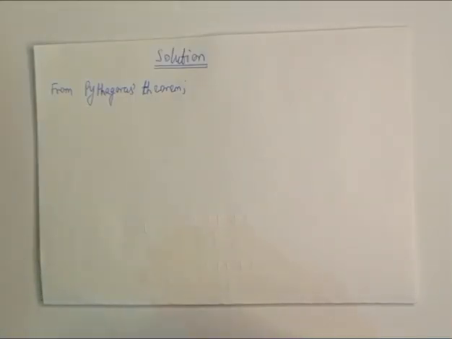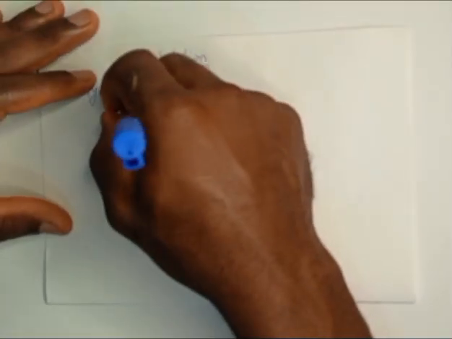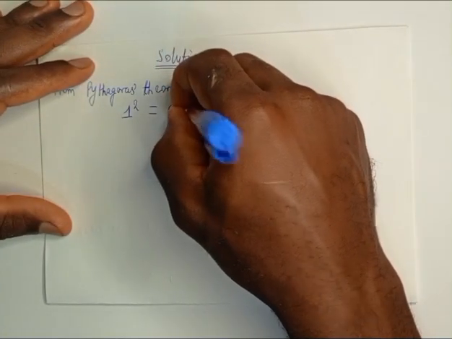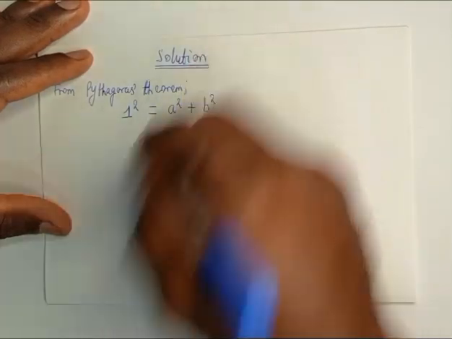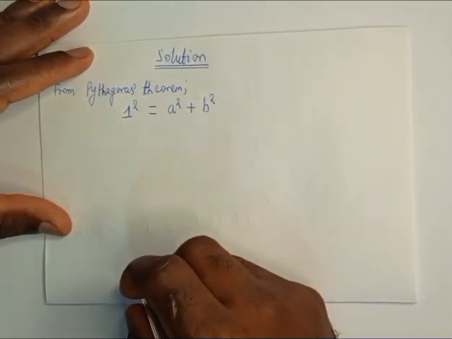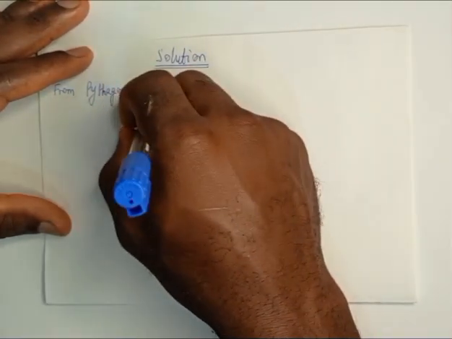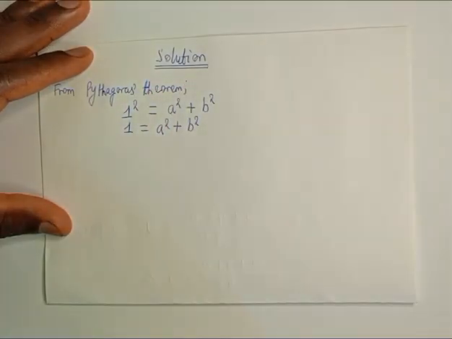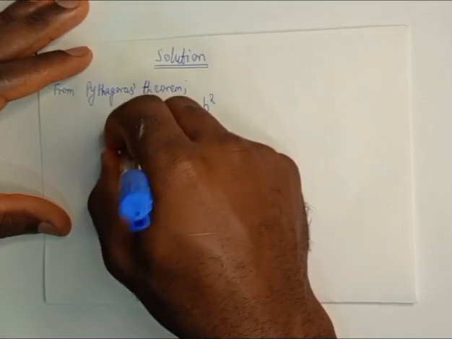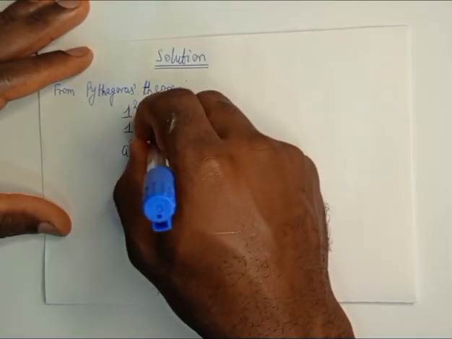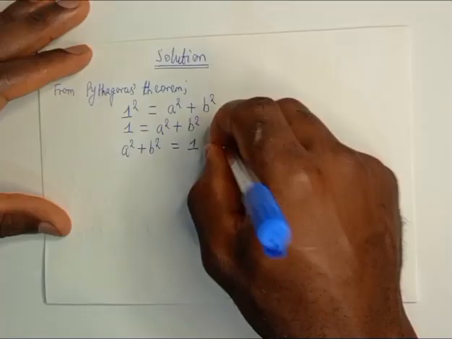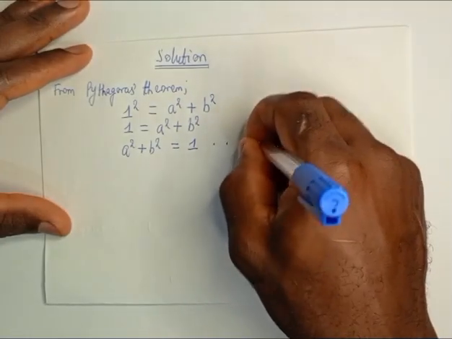According to Pythagoras theorem, 1 squared, 1 times 1 remains 1, is equal to a squared plus b squared. This is the same as saying a squared plus b squared is equal to 1. Call this one equation 1.